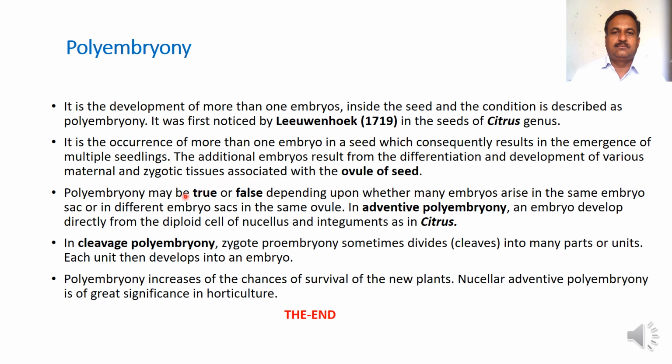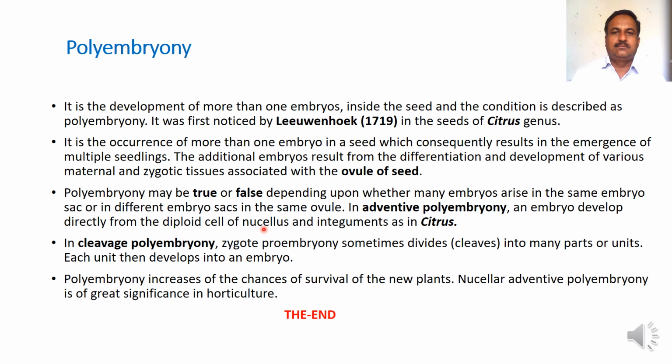Polyembryony may be true or false depending upon whether many embryos arise in the same embryo sac or in different embryo sacs in the same ovule. In adventive polyembryony, an embryo develops directly from the diploid cells of the nucellus and integuments, as in citrus.